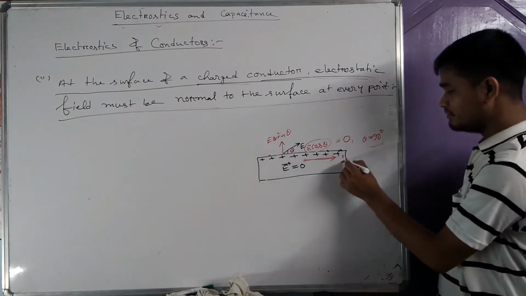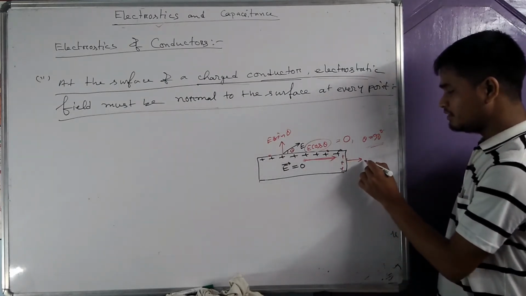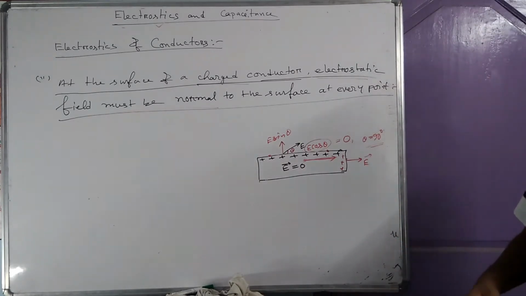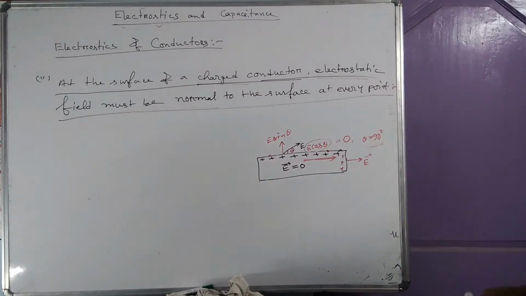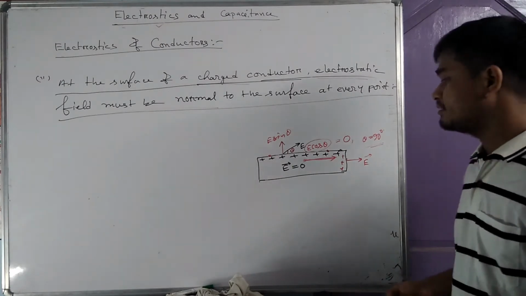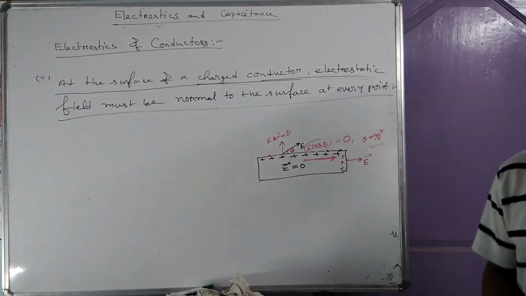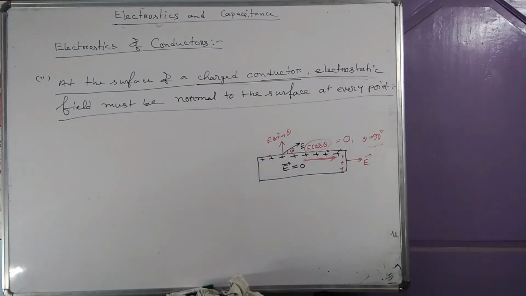In this case, if there are positive charges, this is the direction of E. At the surface of the charged conductor, electrostatic field is normal to the surface at any point or at every point. Clear? Fine. This is the second one.